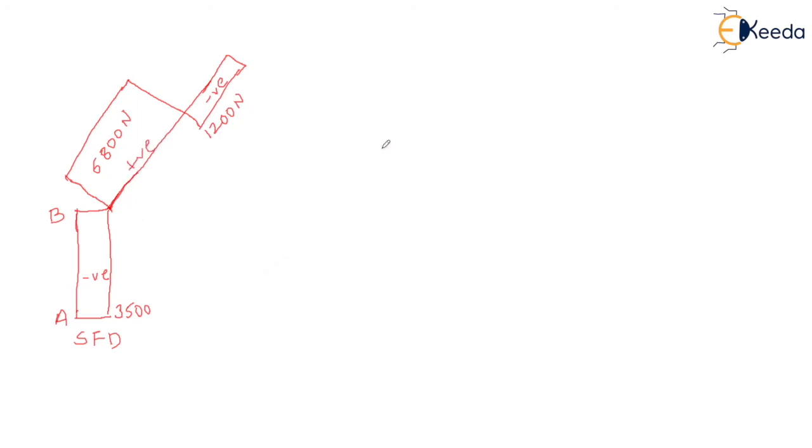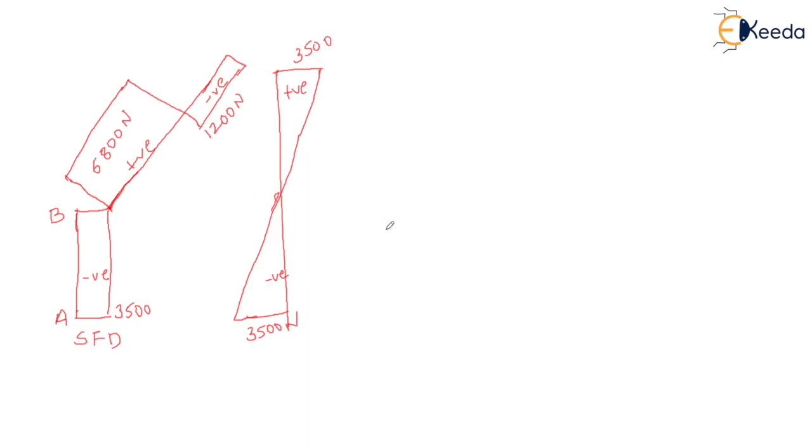And our straight beam, this is positive, this was negative again. So we got such a diagram over here. This is 3500, 3500. This is negative, this is positive. So this completes our shear force diagram.